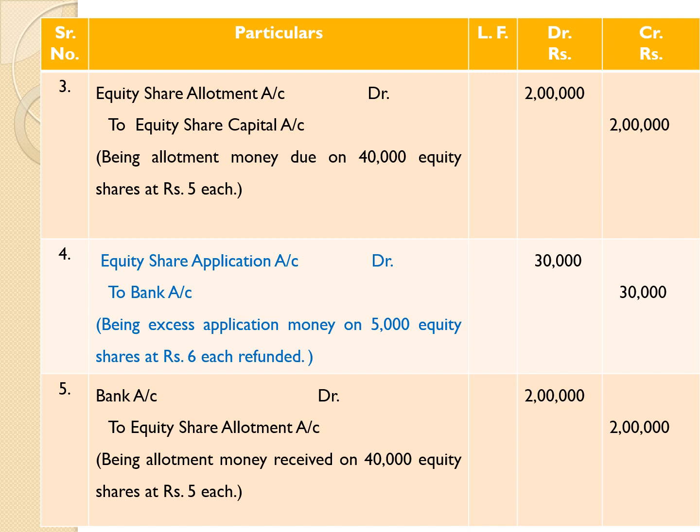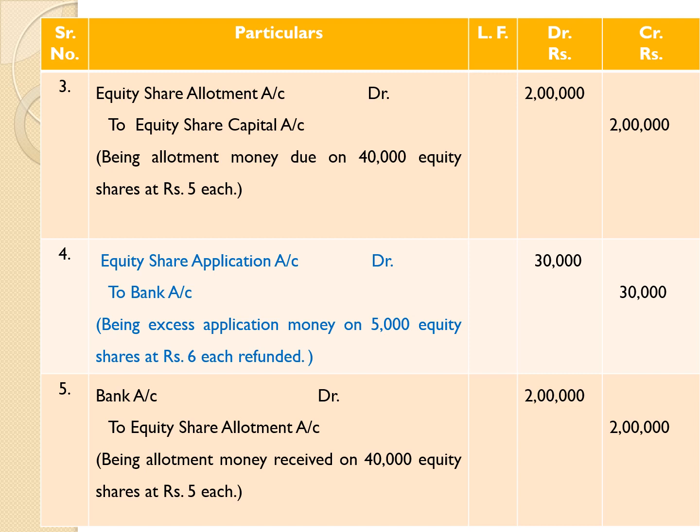Here, application money is rupees 6 per share and amount refunded on 5,000 shares. Therefore, 5,000 shares into 6 is equal to 30,000. That amount refunded by the company, it means that excess application money rejected.